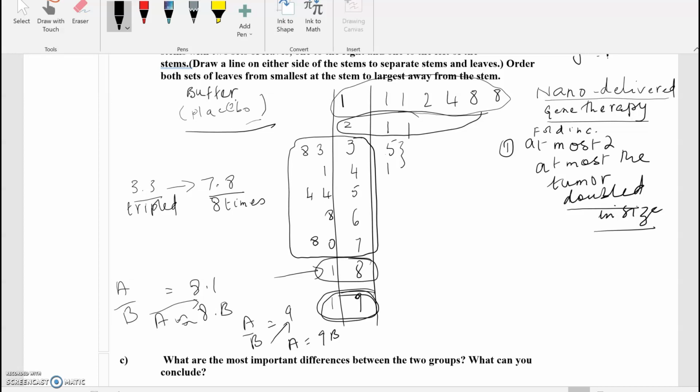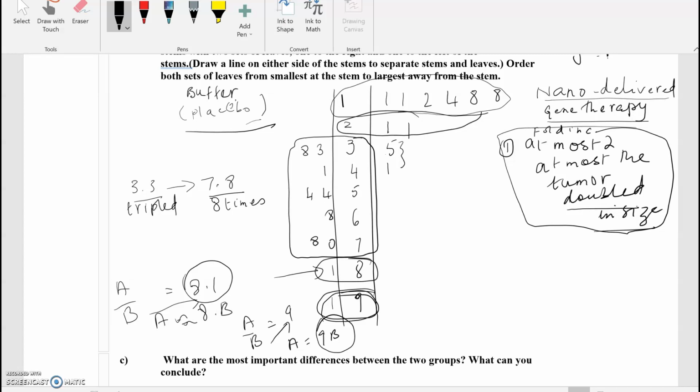So look at the numbers. The range is from 3.3 to almost 7.8. Most of the tumors were in that range, and there were also 2 more tumors, one which was 8 times the original size and the other was 9 times the original size, which is pretty bad. So now let's go back and look at the actual therapy.